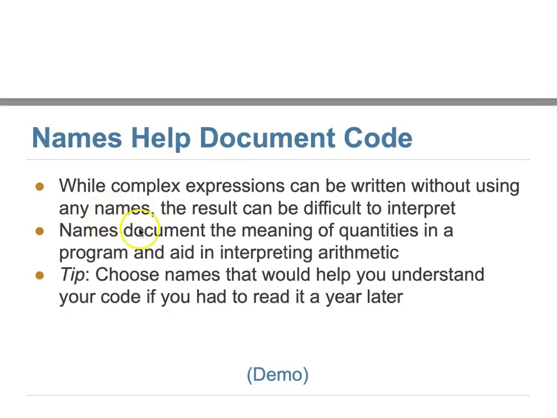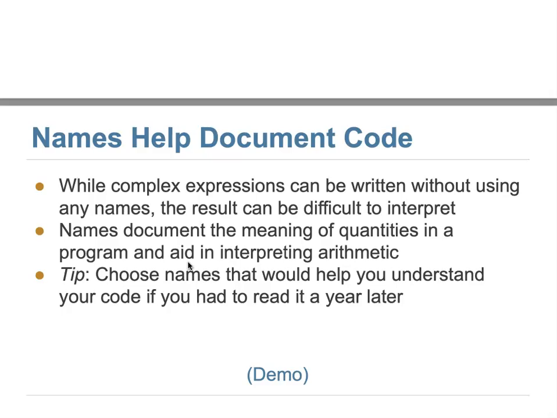So the names help document the meaning of the quantity in a program, and the purpose is interpreting the arithmetic, what you are trying to calculate. So when you choose a name, it should help you remember and understand what you are doing in the code, just in case you need to read it a year later or a long time later.